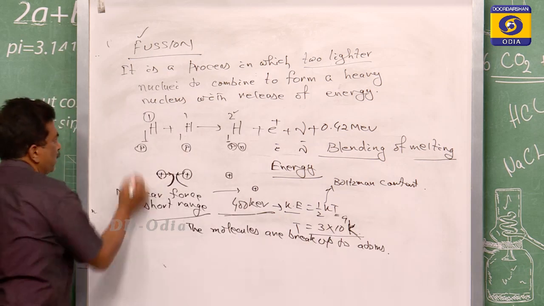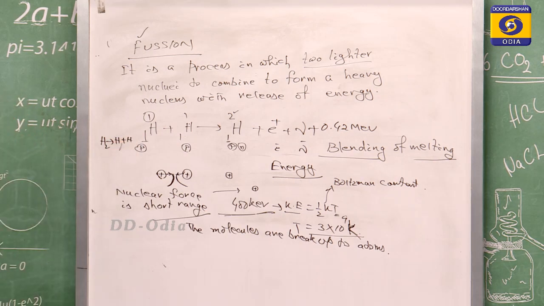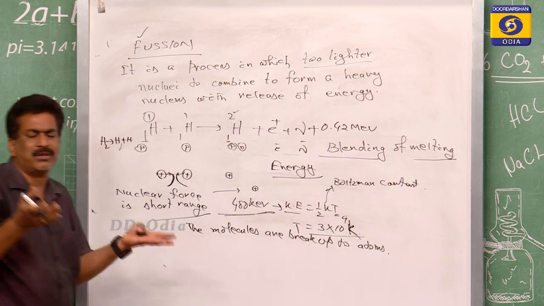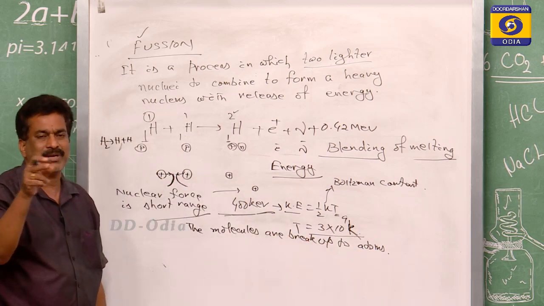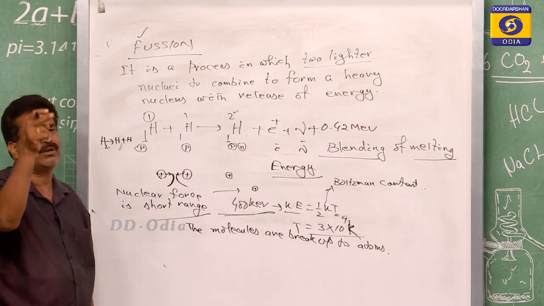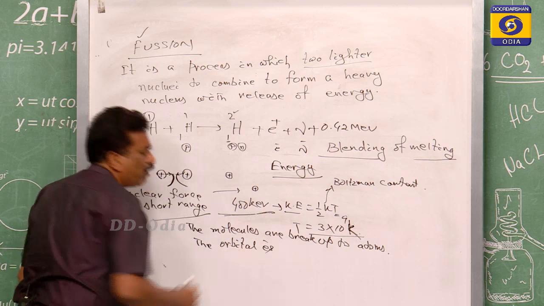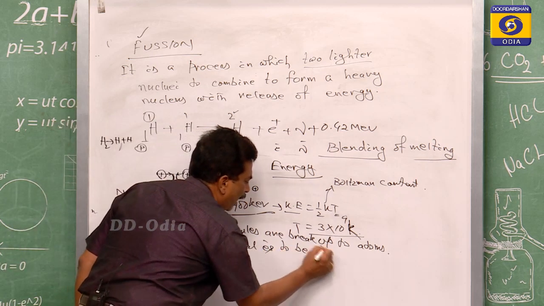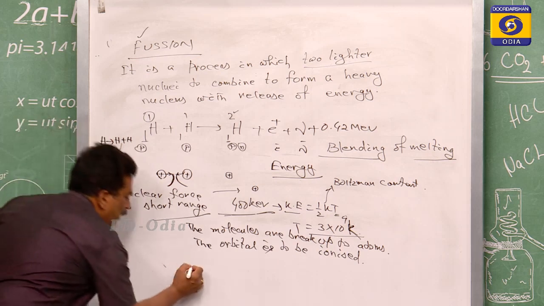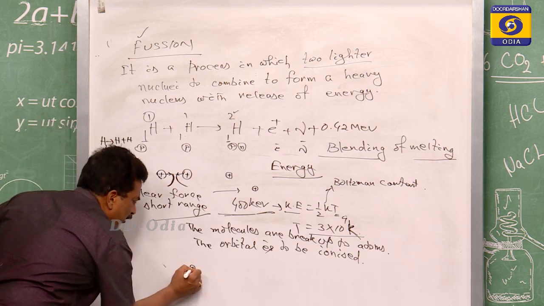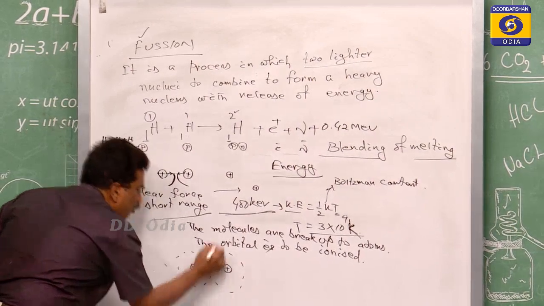The molecules break up, so here H2 will break into H and H. And these atoms, with that amount of energy, the orbital electrons present around the atom, as in atomic physics we came to know that electrons revolve around the nucleus, the orbital electrons are ionized. Here this is the positive nucleus, and here also the nucleus is ionized.